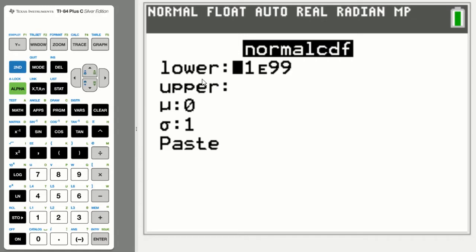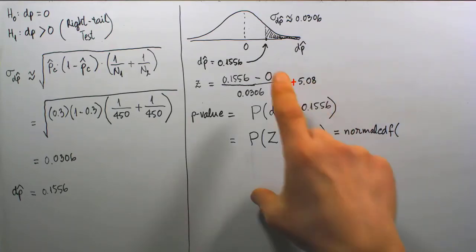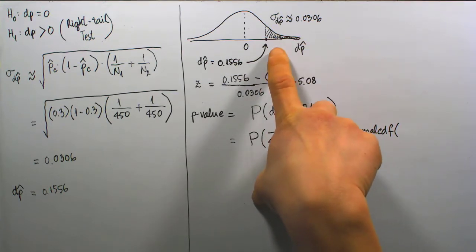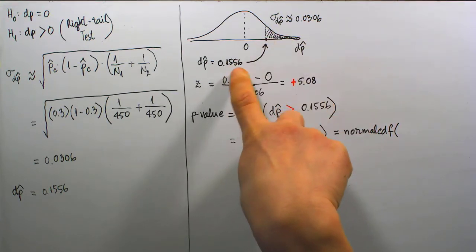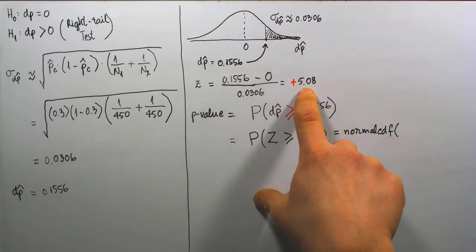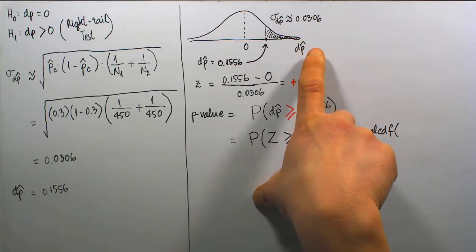Now we're about to enter the low end and the upper end for our shaded interval. Looking back at the writing board, the picture of the shaded area has a definite low end at 0.1556, equivalent to the z-score positive 5.08, and it has an indefinite upper end.